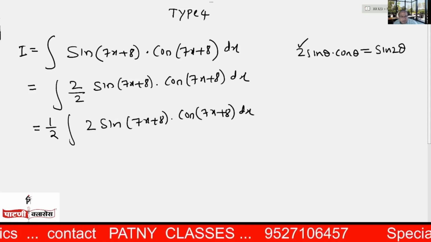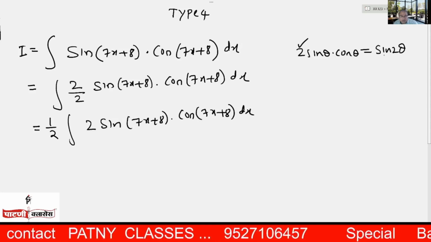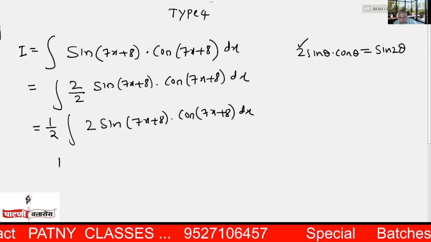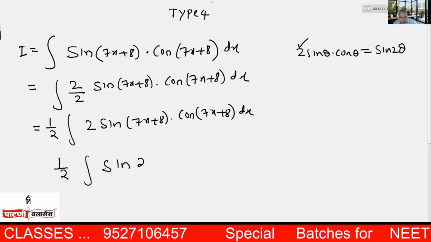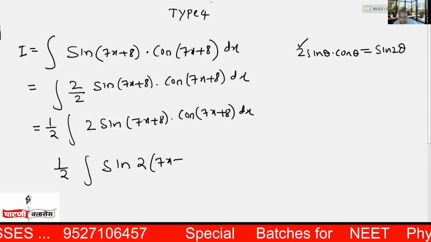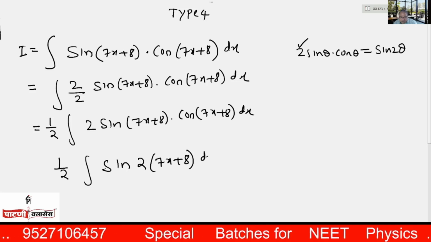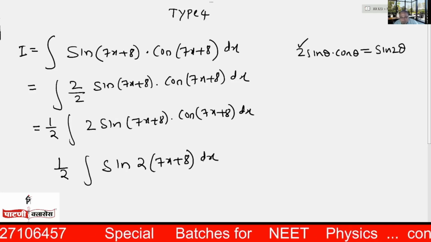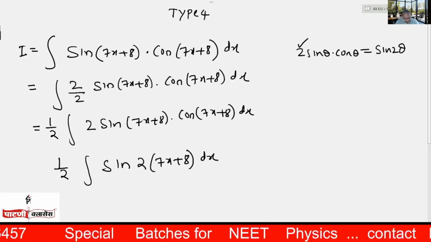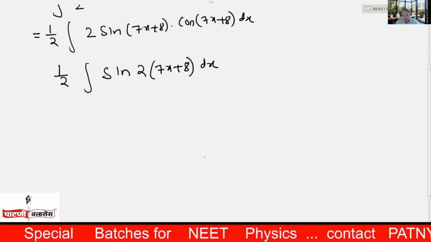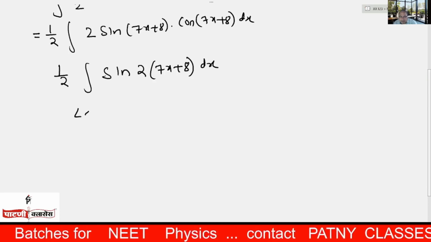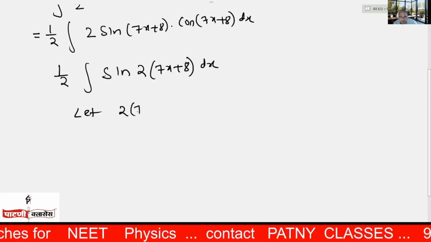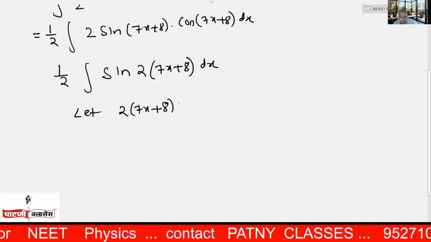As per the formula 2 sin theta cos theta equals sin 2 theta, I apply that formula here. So sin 2 theta, that is sin of 2 into 7x plus 8, dx. Now this is not in the standard form. To convert into the standard form, I am going to use the substitution method.